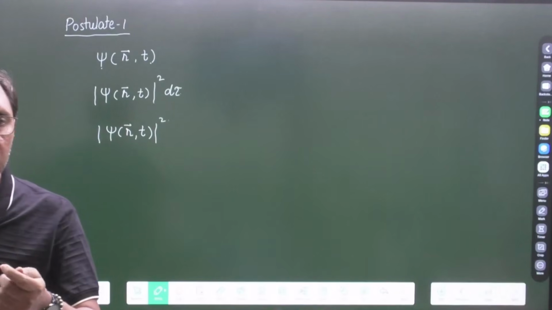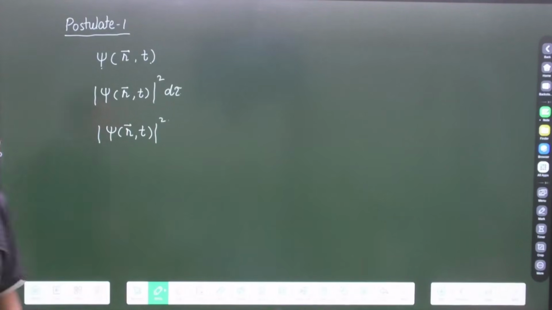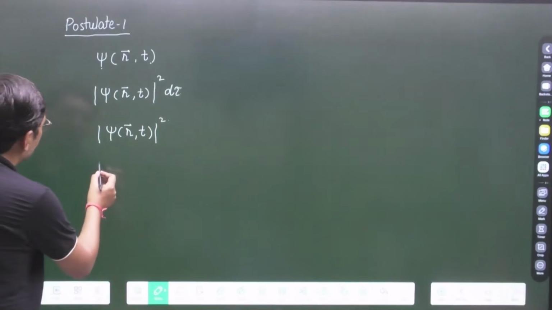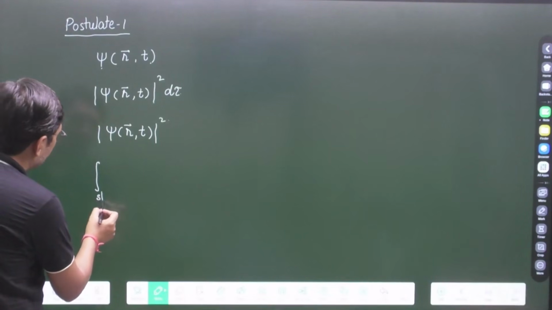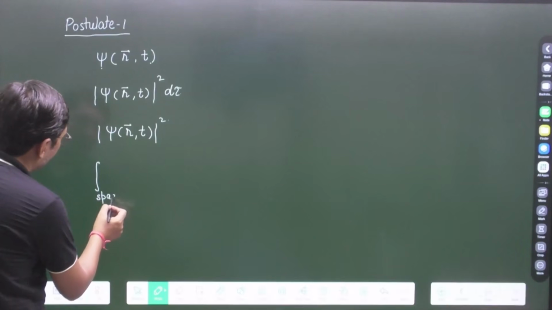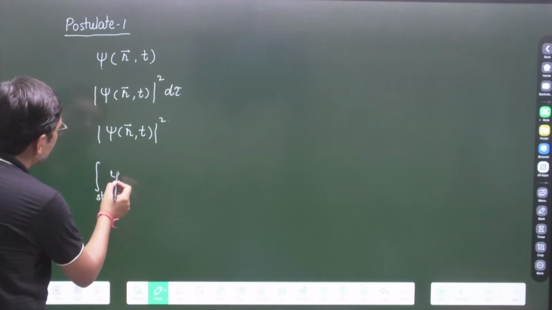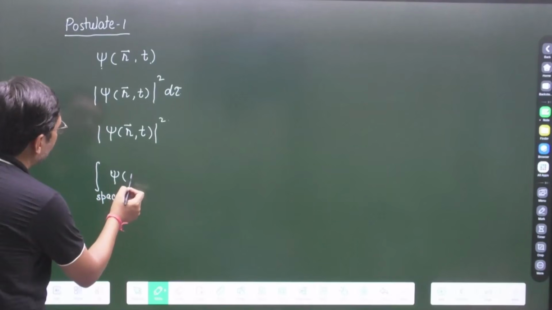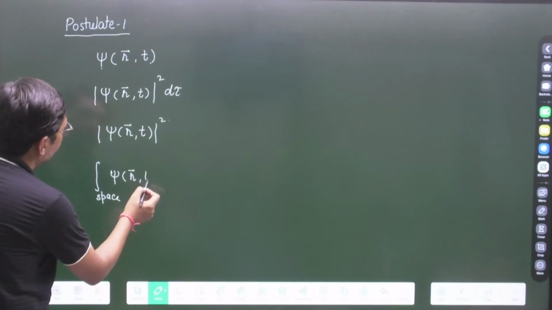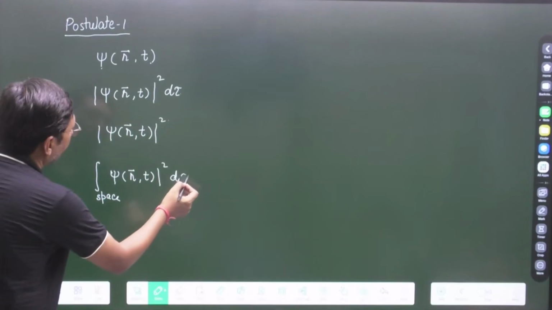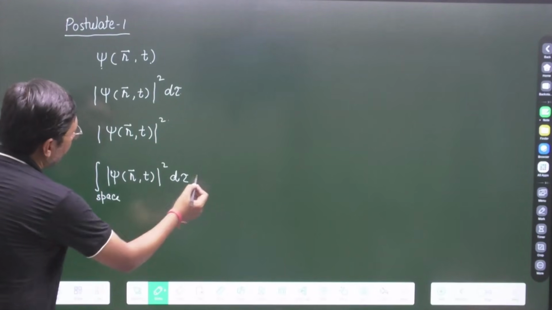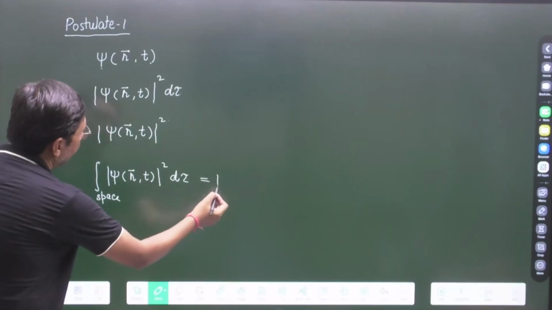So total probability should be 1. So the integral over full space of |psi(r,t)|^2 d tau should be 1.